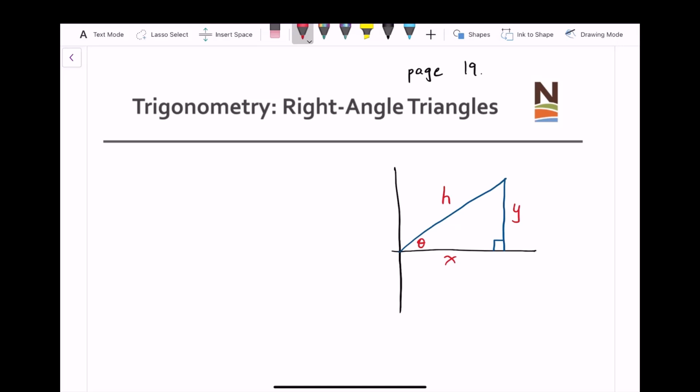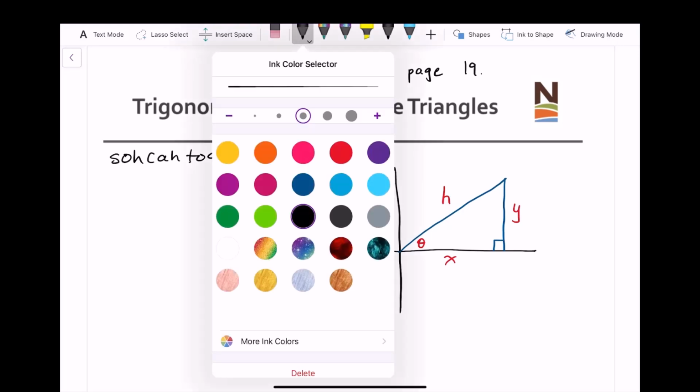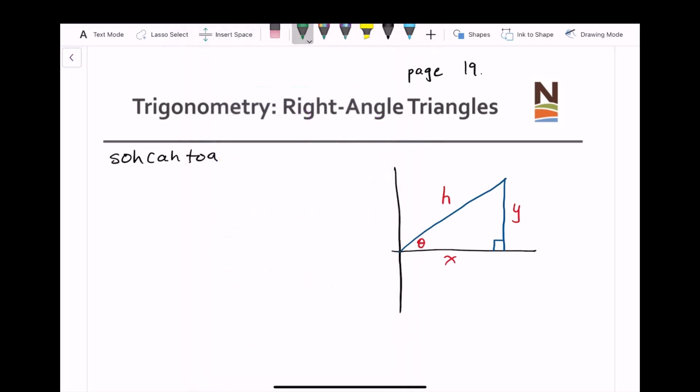So you may remember from high school the saying SOHCAHTOA, for trigonometry. So what this is referring to specifically is our sine, cosine, and tangent.